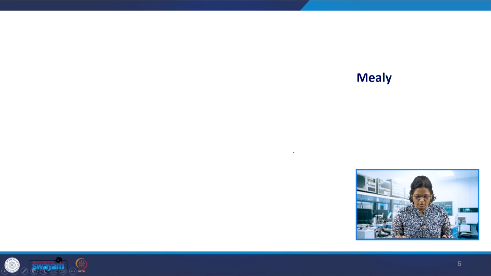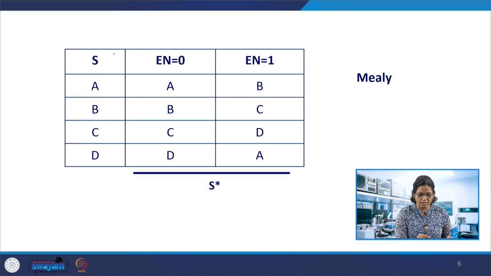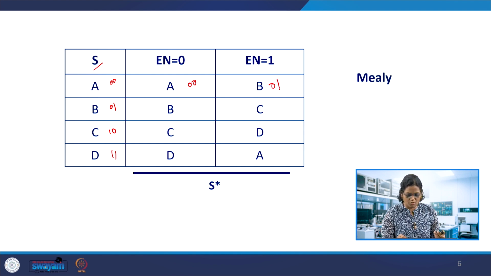So, what we do then is call this Q1 and Q0 the state, and name them with alphabets: A equal to 0 0, B is 0 1, C is 1 0, and D is 1 1. Then similarly, if it is 0 0, we replace this next state accordingly, 0 1, 1 0, 1 1, and 0 0.